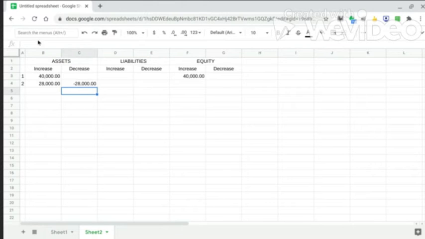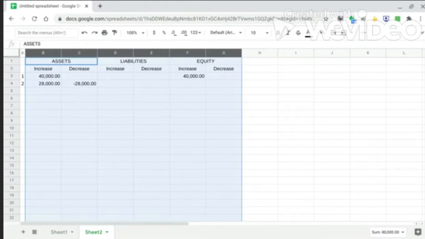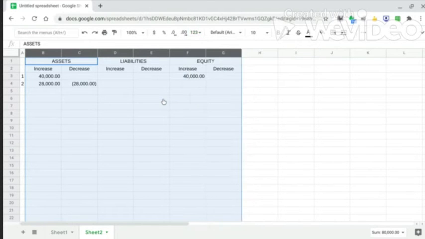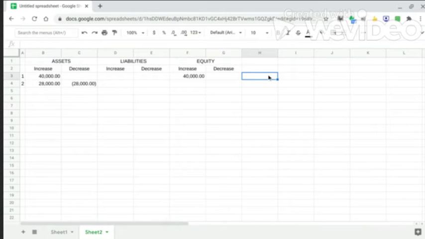Yan. So, gawin natin assets. So, lahat na nasa assets, pag-add natin yan, increase, tsaka yung decrease. In-add ko siya kasi nga ginawa nating negative, 'di ba? So, is equal to liabilities plus yan.